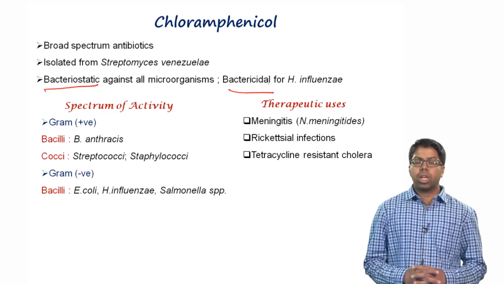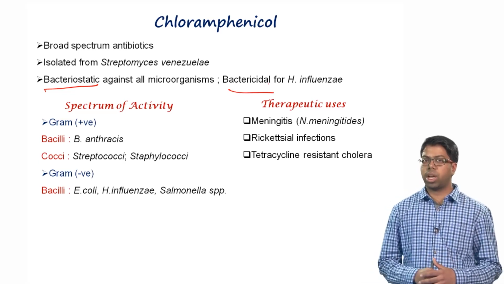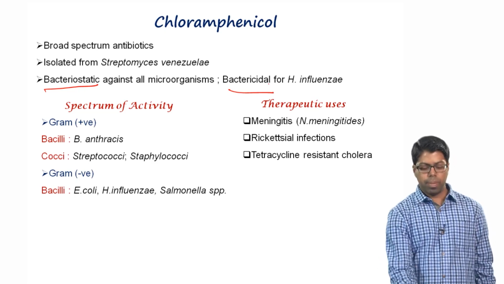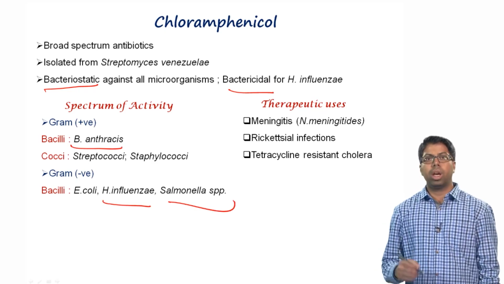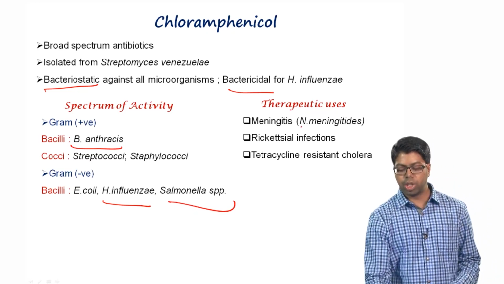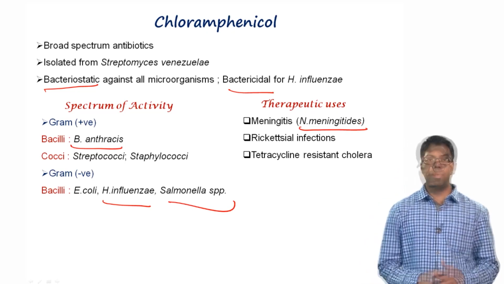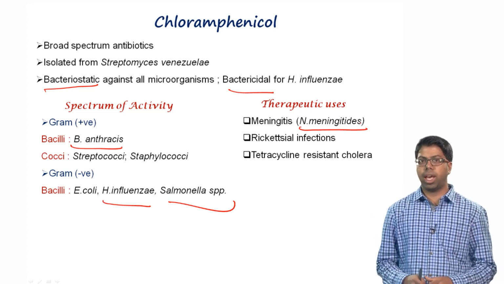Chloramphenicol is also effective against aerobic and anaerobic, both gram positive and gram negative organisms such as Bacillus anthracis, Haemophilus influenzae, and Salmonella species. It is also effective against Neisseria meningitidis, a causative agent for meningitis, which is characterized by inflammation of the meninges that cover the brain and spinal cord.